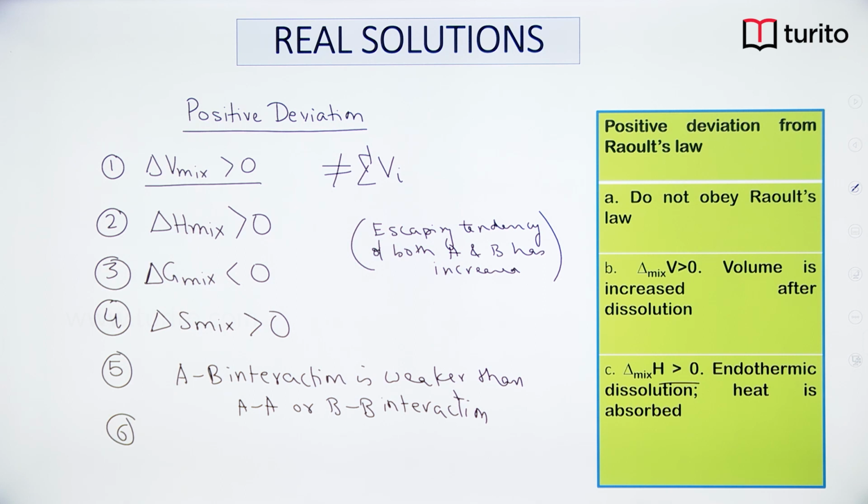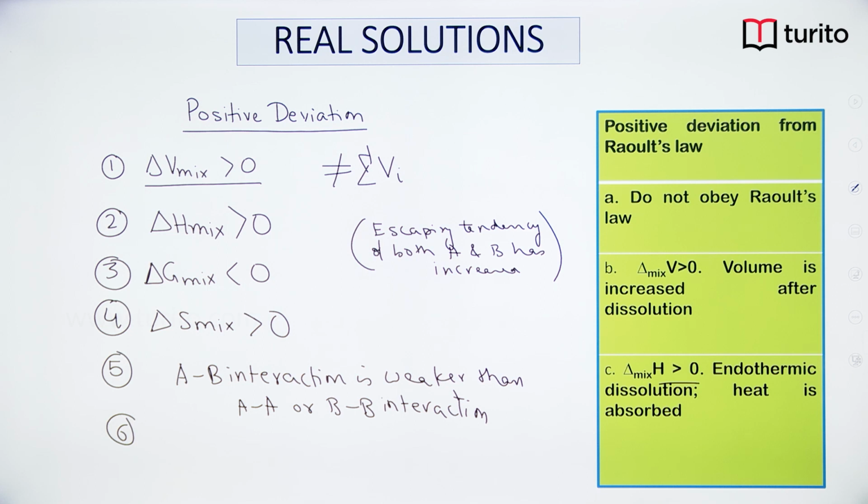Okay, now when we added B over it, what happened, B came in between A and A, okay, and the interaction between AA weakened, due to which now the two A molecules become free and they can escape out as vapor, so the vapor pressure increases. Okay, similar thing happens with the B. Okay, BB was having the same certain kind of interaction, due to which one B was holding the other B from going outside.